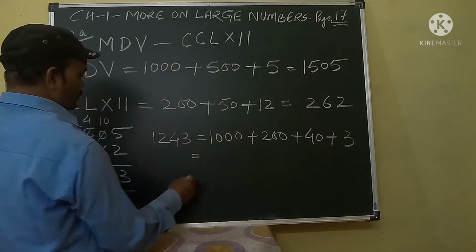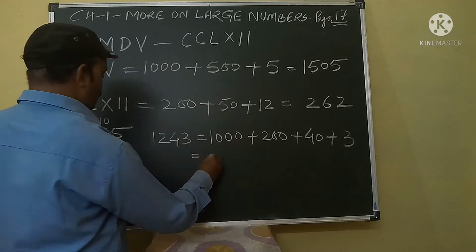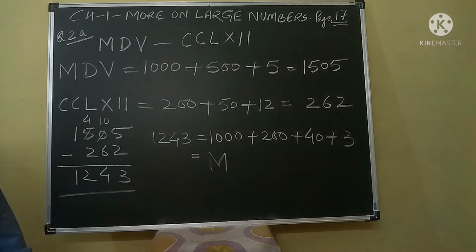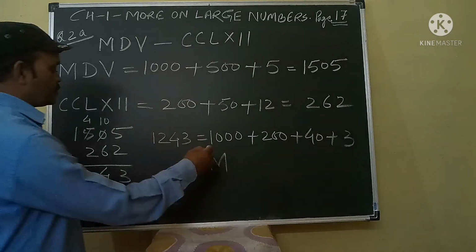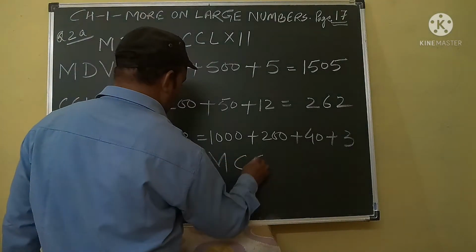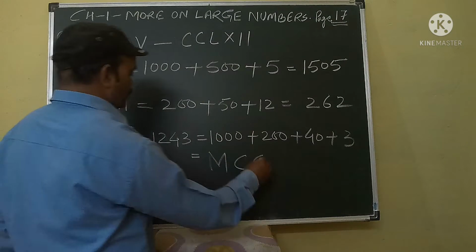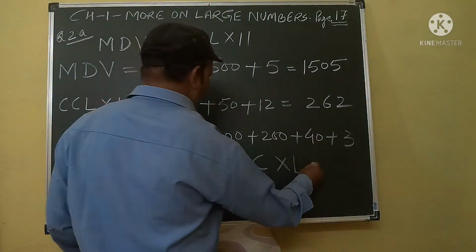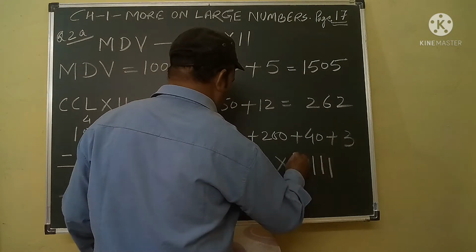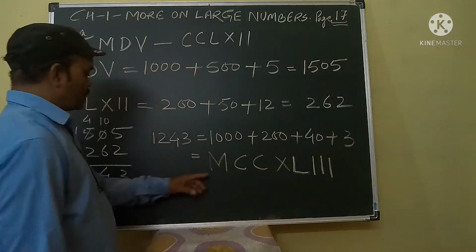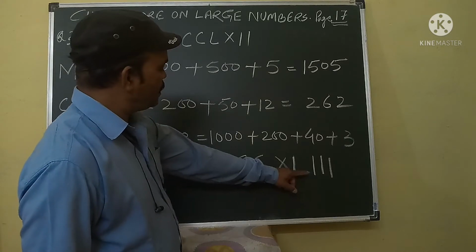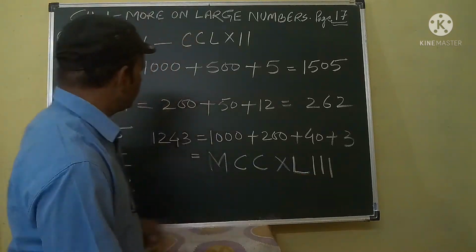Now look here. 1000 means M. 200 means C. 40 means XL. 3 means I. Okay. M C X L I.